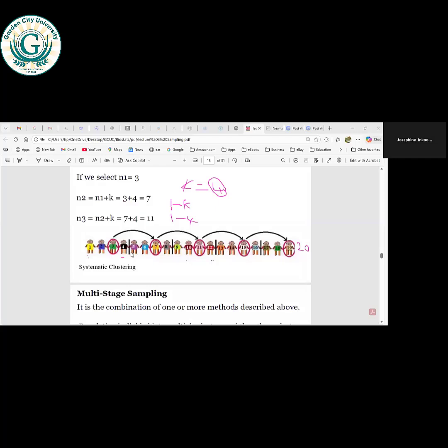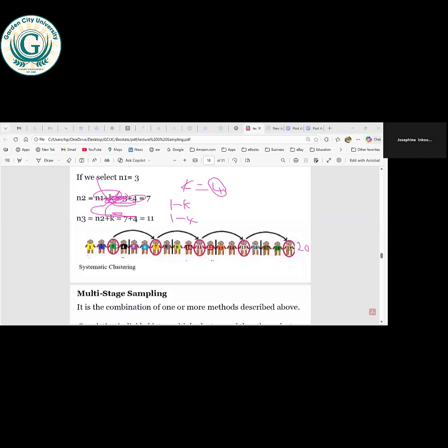Probably the person comes there and gives you money, so you pick his folder and use it. No, you don't do that. If you do that, you are introducing some bias. So what you do is you randomly select your starting point. In this example, I have randomly selected number 3. If these calculations confuse you, just forget about it for now.